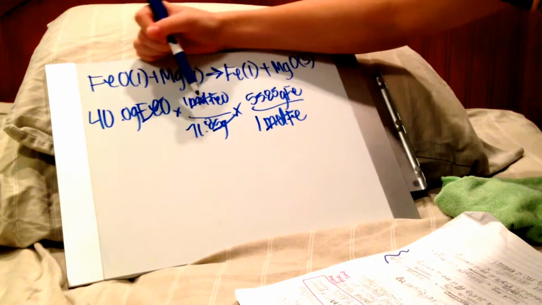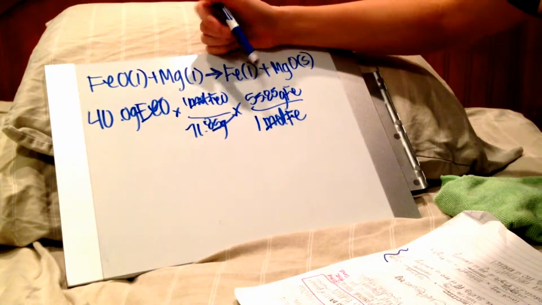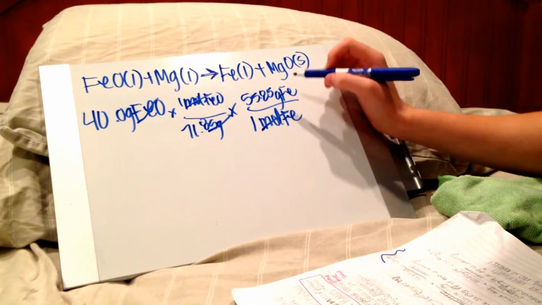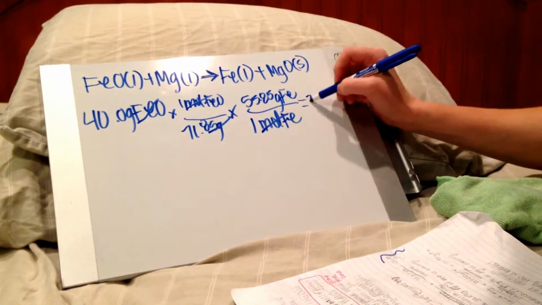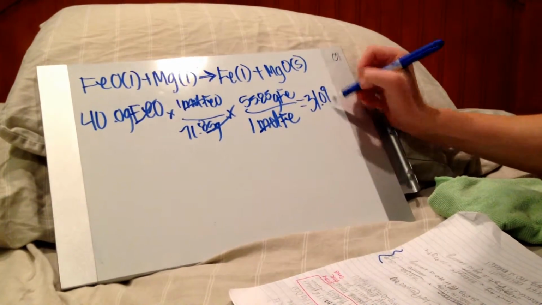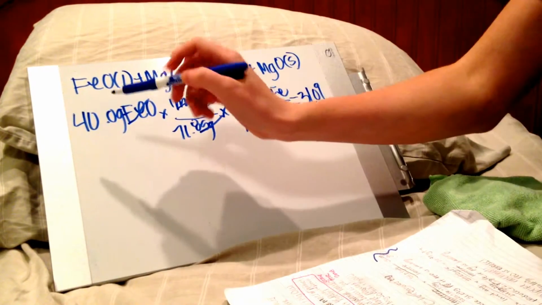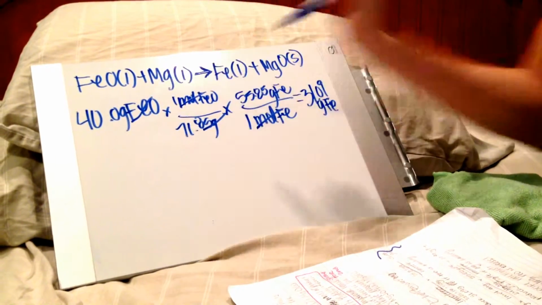So we do 40 divided by 71.85, and then that times 55.85, and it's going to equal 31.09 grams of iron. And so that's what you'll get if you use iron oxide.